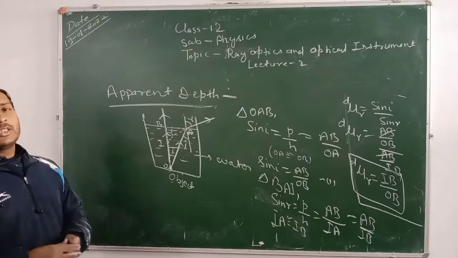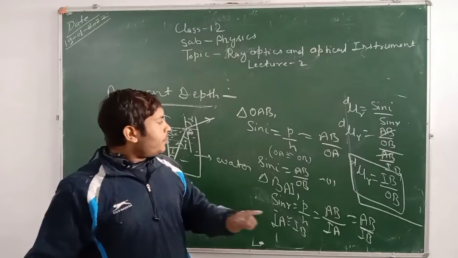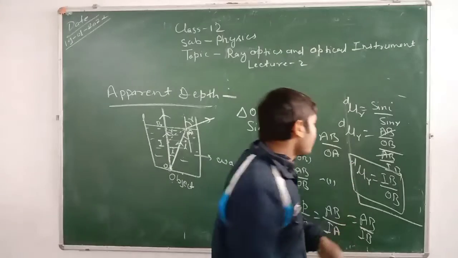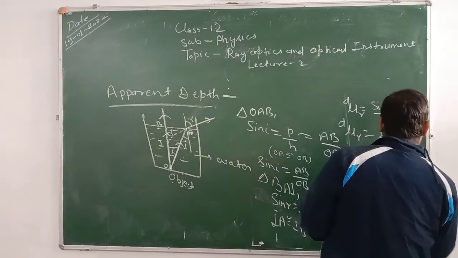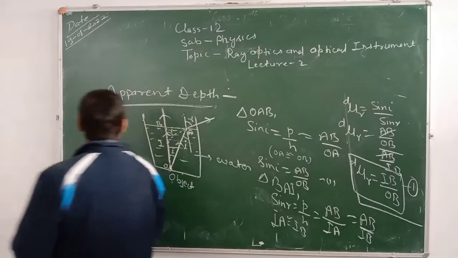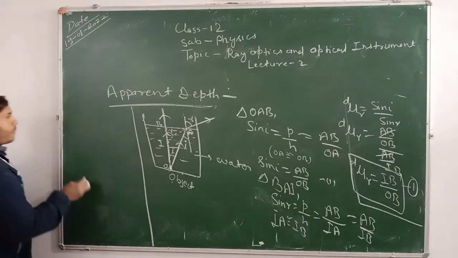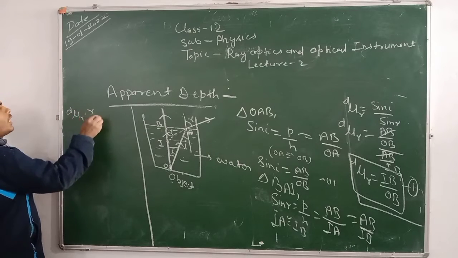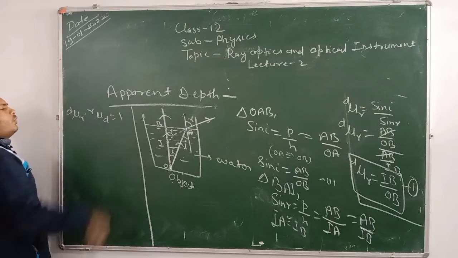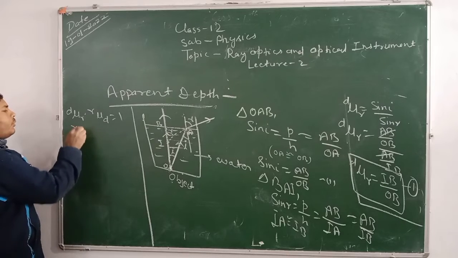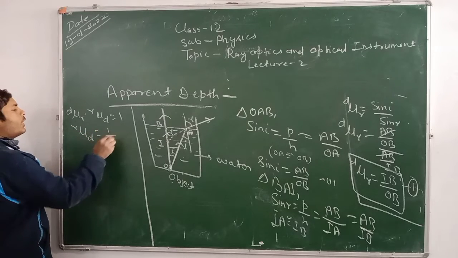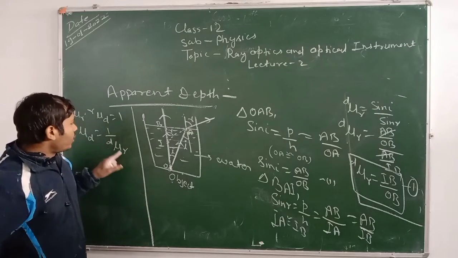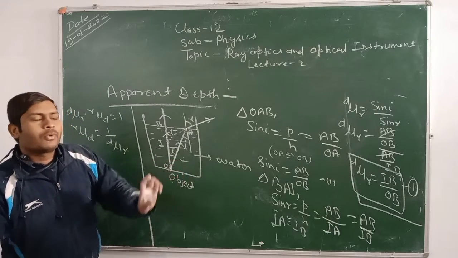But what we know, my dear students, since this is the refractive index of rarer medium with respect to denser medium. So I am writing here equation 1. Since we have D mu R into R mu D is equal to 1, R mu D will be equal to 1 upon D mu R. So I am keeping the value of D mu R here from equation 1.